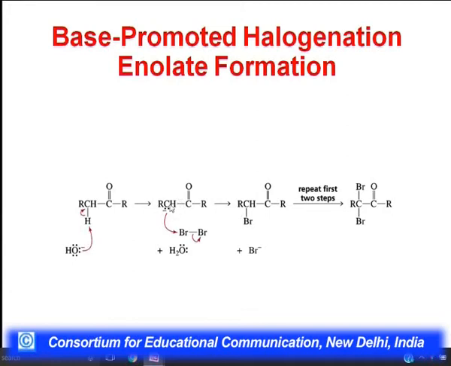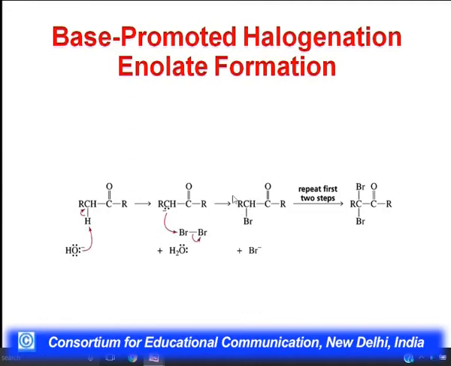Now this carbanion will react with the bromine molecule. It is acting here as a nucleophile, and this bromine is acting here as an electrophile. It will make a bond with this bromine, and the other bromine will depart with the bonding pair of electrons. And what we get here is an alpha bromoketone.